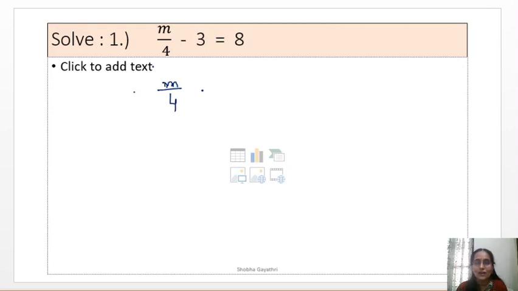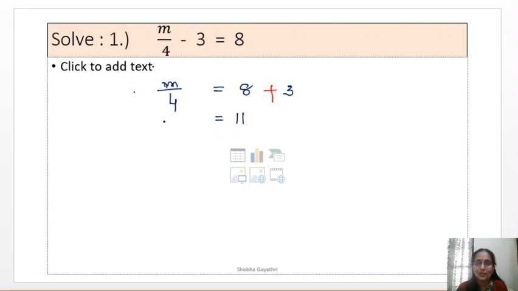You have to find the value for m. Now, transpose the second term to the right side, equals 8. There is a minus operation here, it will become plus, right? So write plus 3. So on the right side you will get 11.